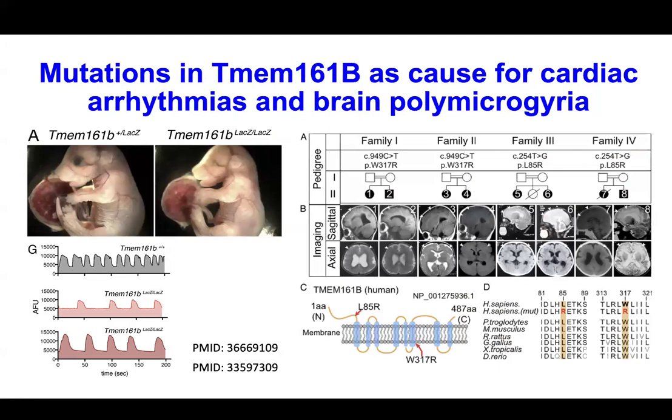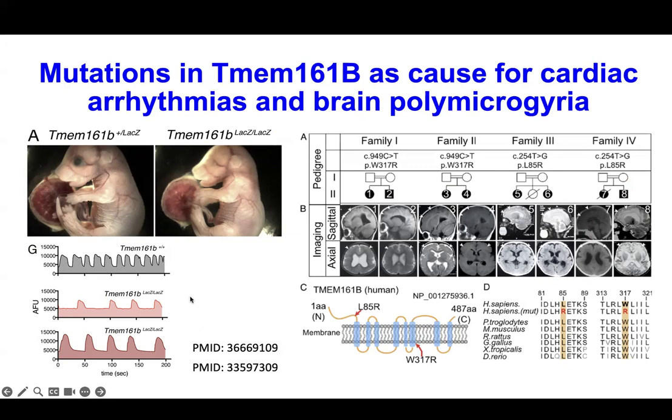a couple of genetic studies published very recently, just a few years ago, describing the phenotype for the loss of function of the mammalian homolog in mice and a human patient. In the mouse knockout, which is perinatal lethal, you actually see the mouse embryo with this very striking cardiac arrhythmia phenotype.